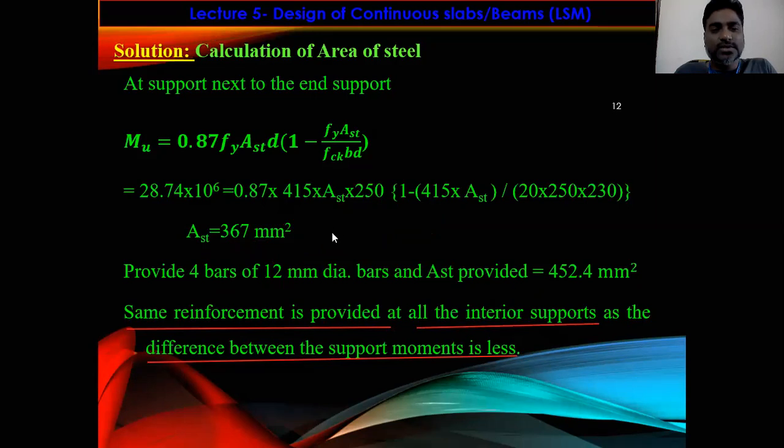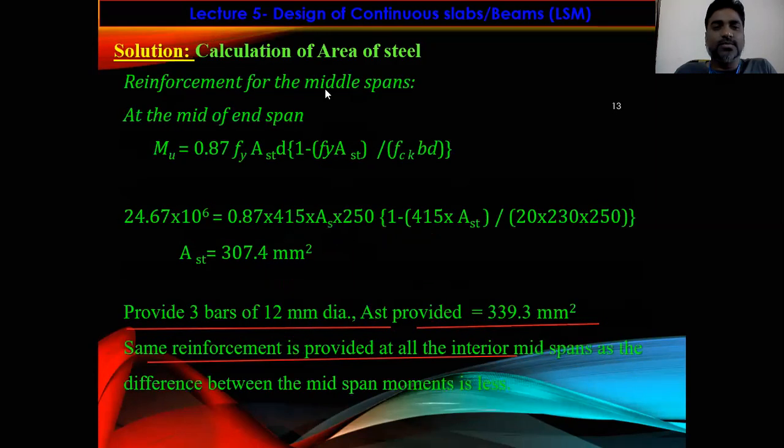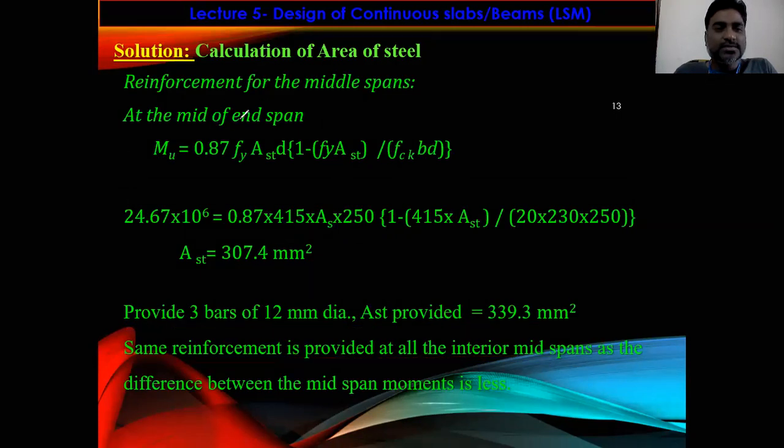Similarly, you need to determine it for the span. So take this span moment, and here the reinforcement for the middle span, that is at the middle of the end span. The same formula, whatever formula we have used just now, is also applicable here to determine the area of tension reinforcement.